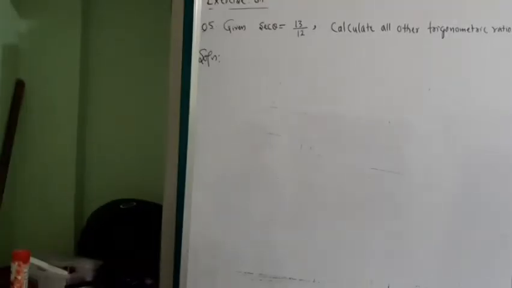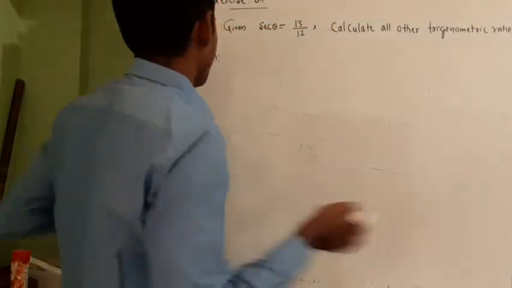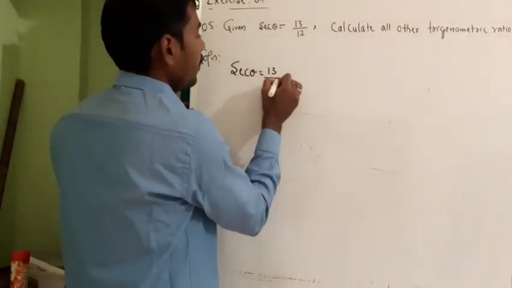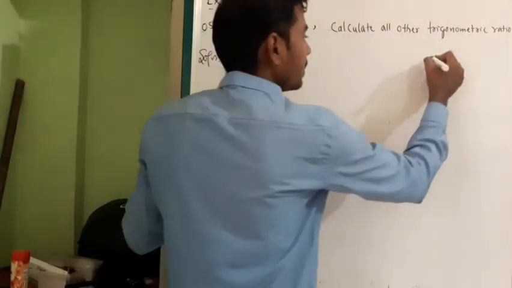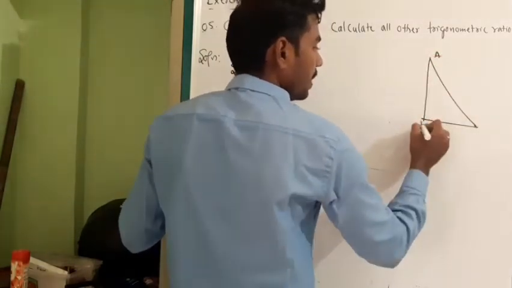Next, fifth question. Given secant theta is equal to 13 by 12, calculate all other trigonometric ratios. See, what is given to us? Secant theta is equal to 13 divided by 12. So what we have? There is a triangle. So right angle triangle ABC.